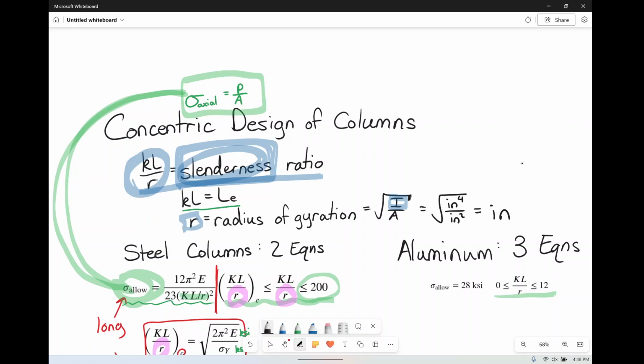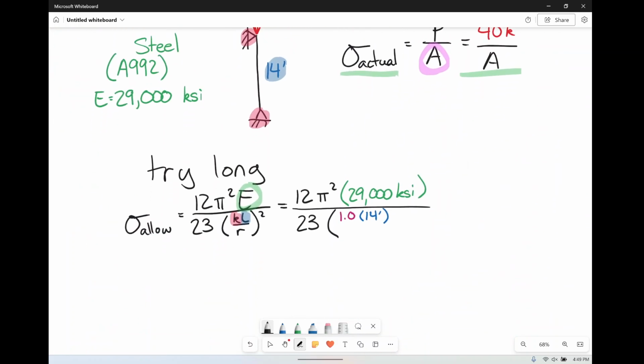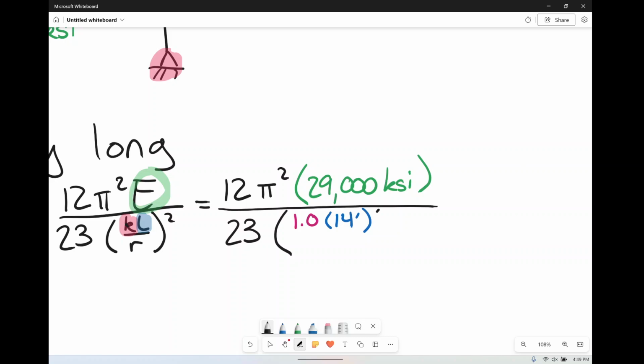So in order to keep a ratio as a unitless number, we have to make sure that L effective is in inches, just like we did before. So, 12 inches per 1 foot, divided by R, well, we don't know R, so that's cool, squared.